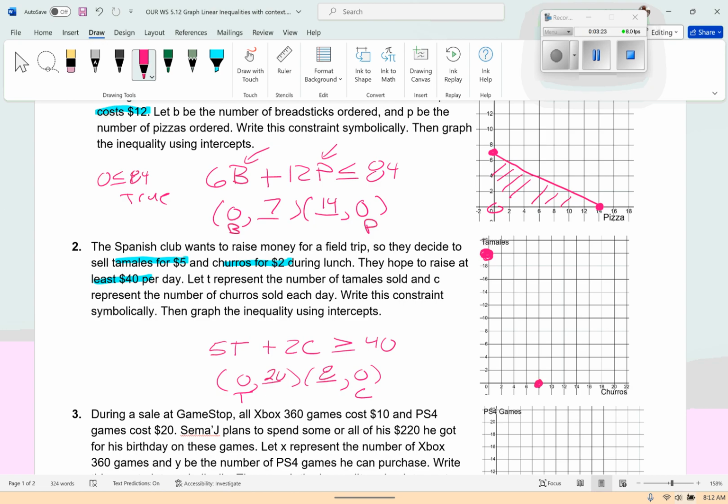And it's a solid line because we had the inequality. Now, if I pick 0, 0 with our inequality, this becomes 0, this becomes 0. So is 0 greater than or equal to 40? The answer is false. So we're going to shade the outside of the line. This just means it goes beyond. That's if they raise way more money than they thought they would, which is great.